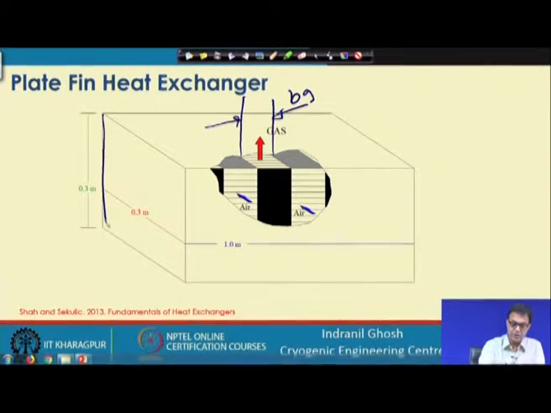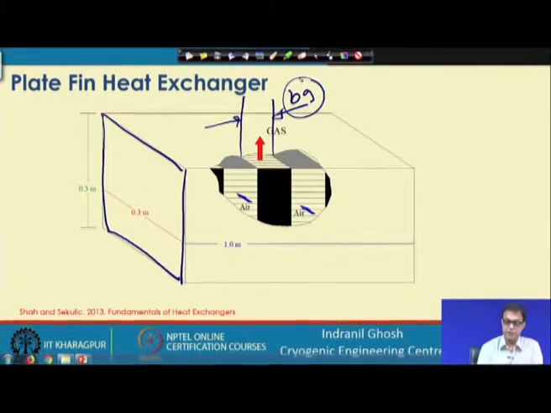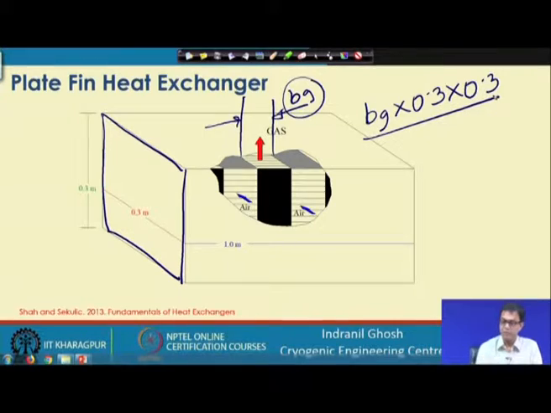The other dimension is 0.3 by 0.3 meter, and its thickness is B G. So, that is the volume of a single layer of the gas stream.